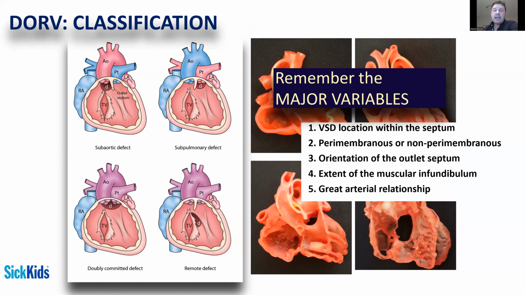And you can easily get a VSD that is both perimembranous and doubly committed, which becomes a very extensive type of defect, but it does exist. So you have to be clear in your head before you go into the operating room how you are going to approach this VSD. Think about the orientation of the outlet septum and how extensive or how present the muscular infundibulum is. And then probably most importantly is understanding the great arterial relationship, because it can be very variable in DORV.